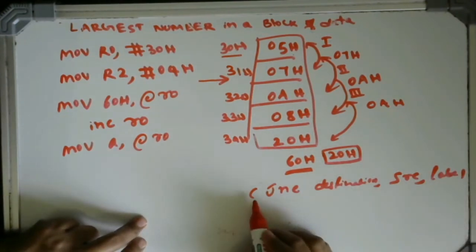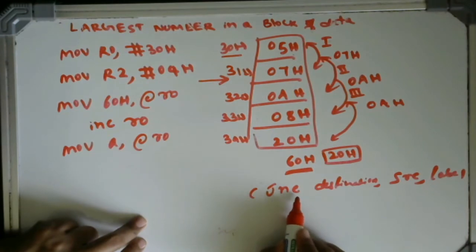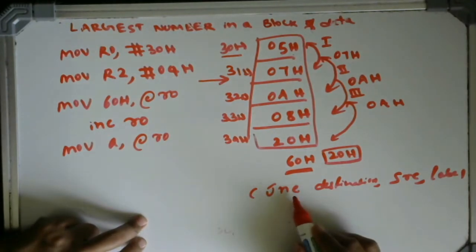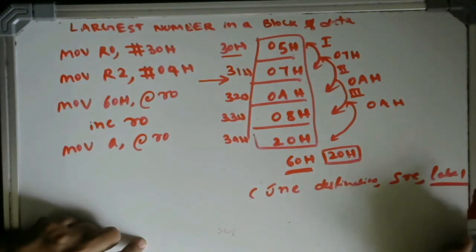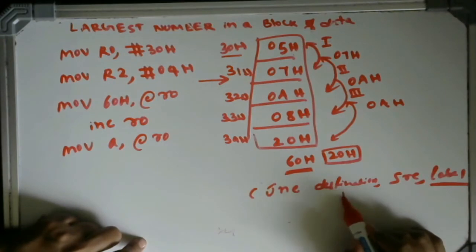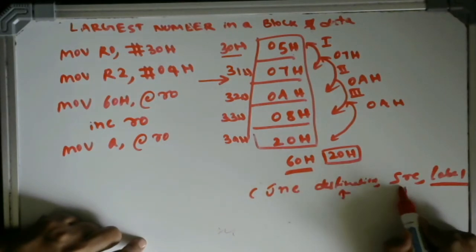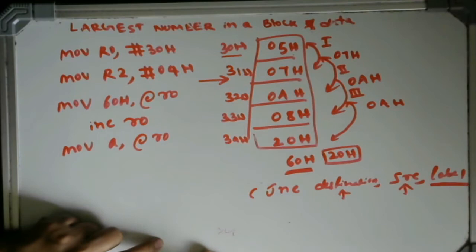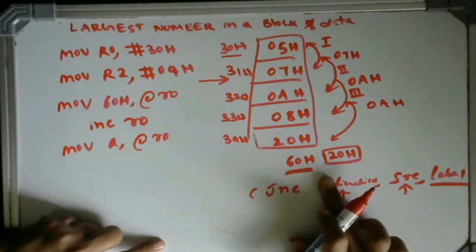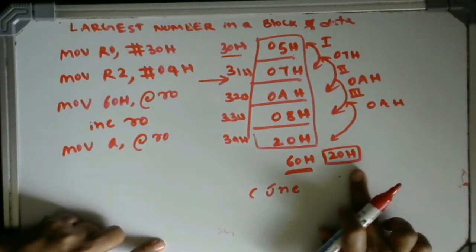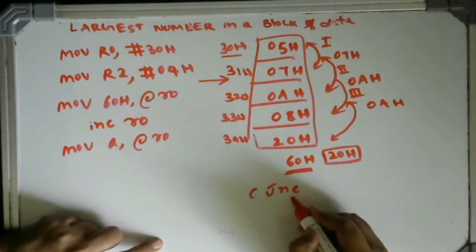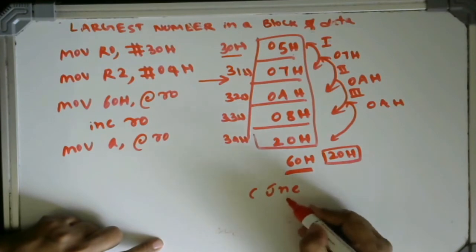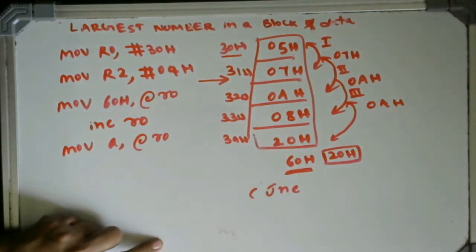CJNE means compare, jump if not equal. It will not tell whether the number is greater or lesser, but it will jump to the label specified in the instruction if the content of the destination location and the source location are not equal. For this program, I'll use CJNE because these instructions work with different addressing modes.